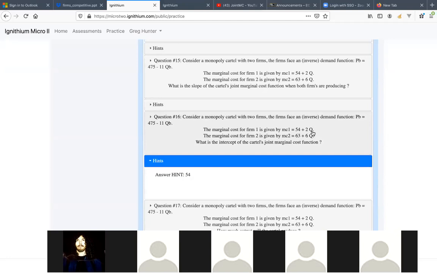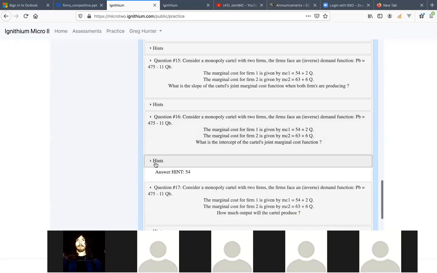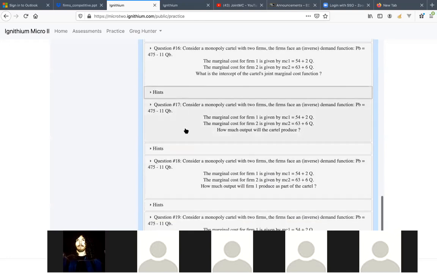Then it will use both of them, right? So that's why it's 54. Anybody have any questions about that? No. Okay, so now we'll go on to question 17.